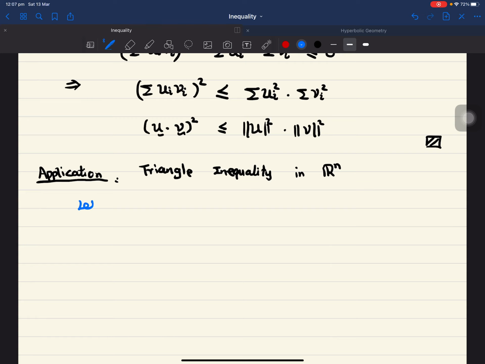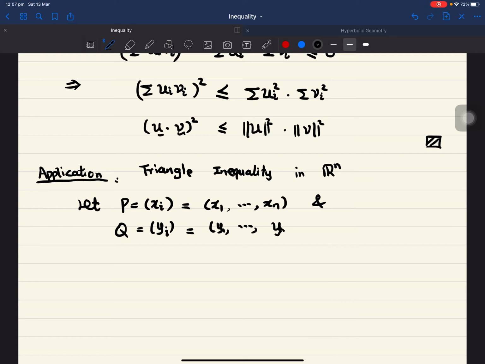So let P equal to xi, x1 to xn, and Q equal to yi, y1 to yn, be two arbitrary points on the Euclidean space Rn.